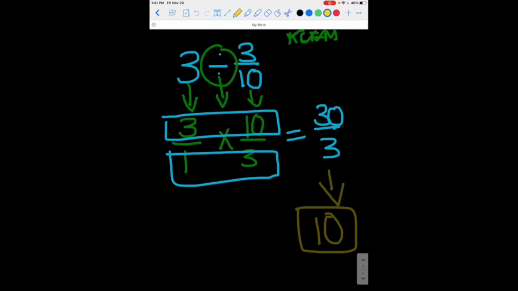Let's do one last problem. Let's do 3/4 divided by 9/10. So, according to KCFM, we should first keep the first fraction.